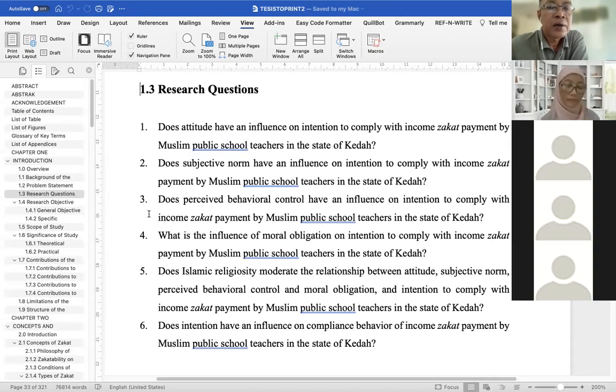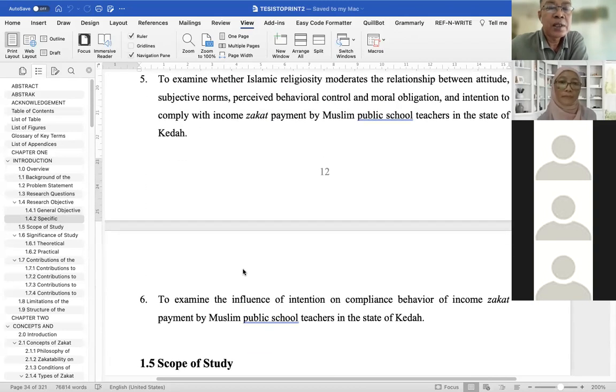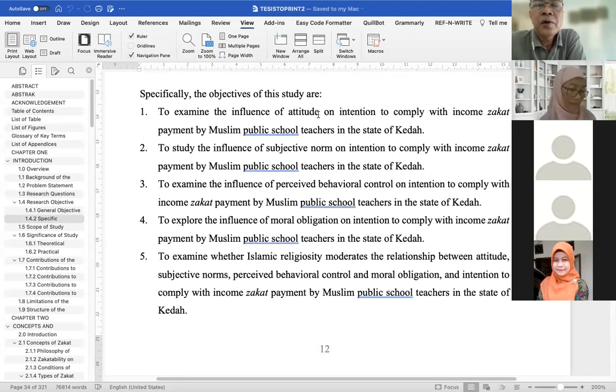You have 6 research questions, and then you have 6 research objectives. So, for example, your objective is to examine the influence of attitude on intention, right?